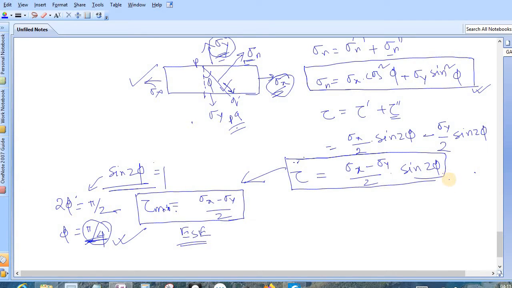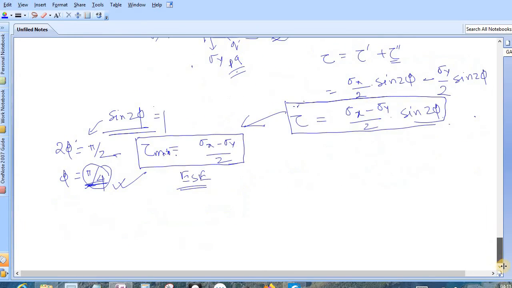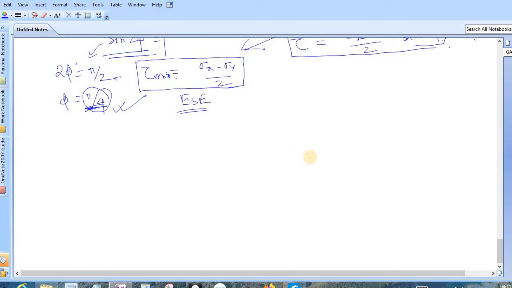Okay, and in the last video you have seen that for uniaxial stress like this, where this one is sigma x, we found the stresses, both normal stress sigma n and also the shear stress, by graphical representation.